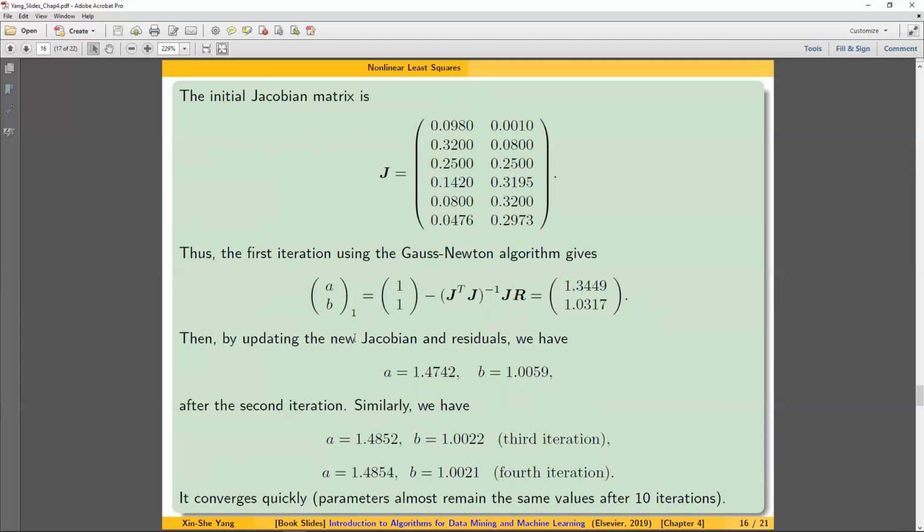And then we're updating the new Jacobian and residuals. We got a new A and B after the second iteration. That's the second iteration A and B. And then the third iteration is this, and the fourth iteration is this. And it converges very quickly. Parameters almost remain the same after 10 iterations.